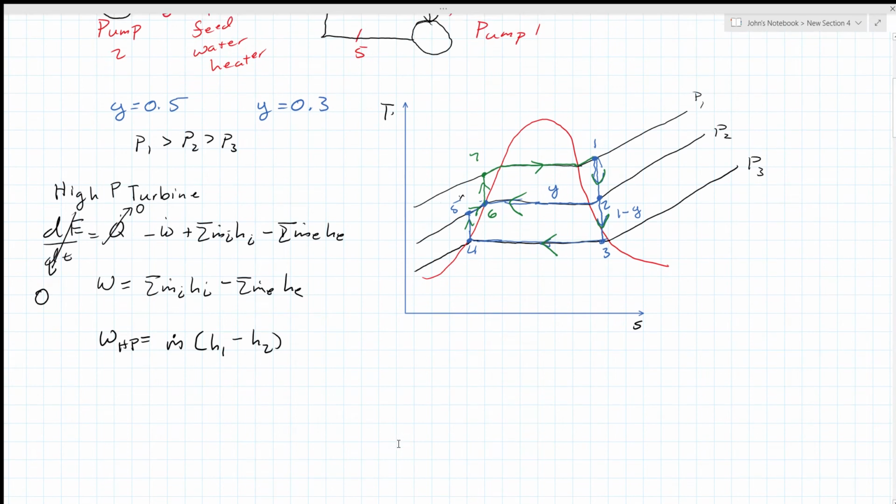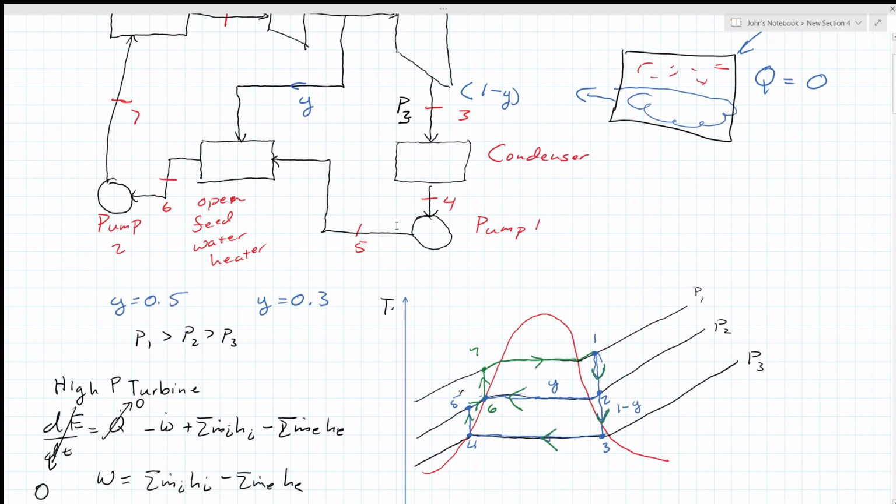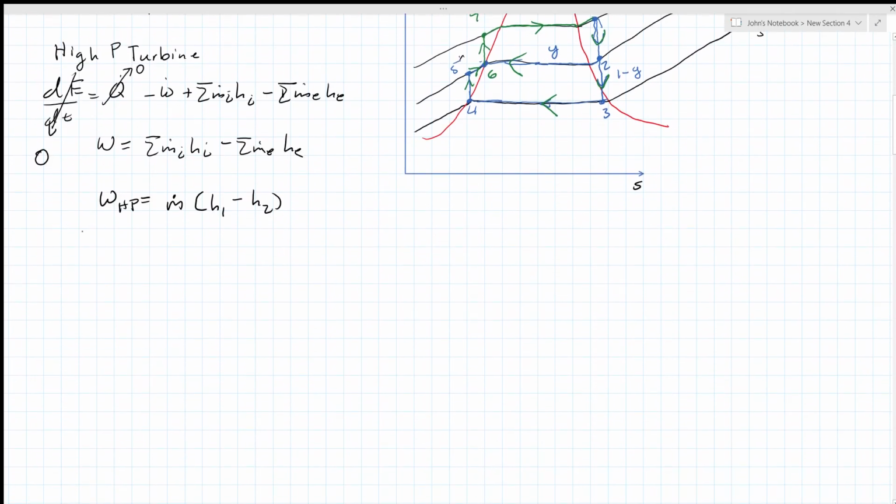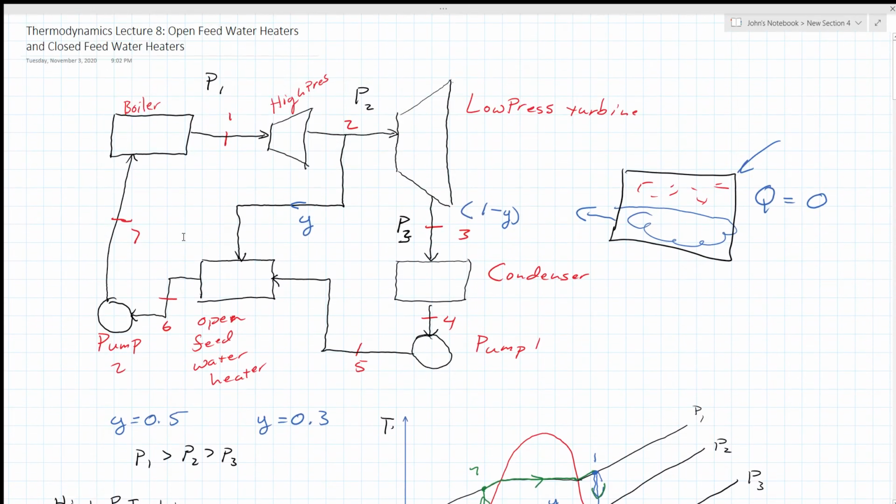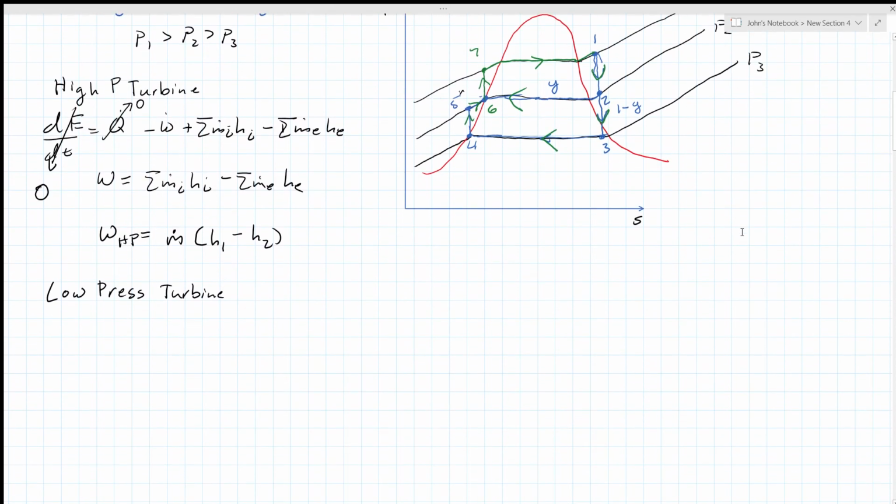Now, we're at state point 2. Let's do the low pressure turbine. Remember, I siphoned some of the mass off, a Y amount of the mass. So everything that goes through here must be the 1 minus Y, and I have to take that into account. Again, the turbine is isentropic and steady state.